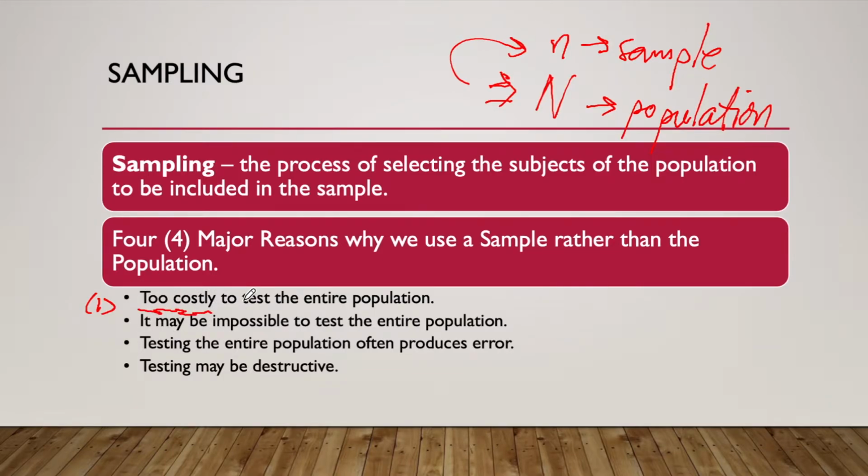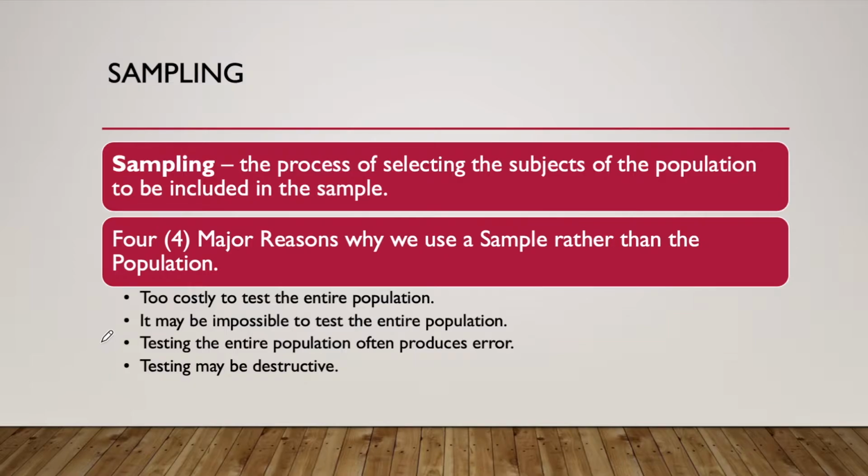Second, it may be impossible to test the entire population, especially when your population is the whole country or the whole city, wherein everyone must be included, even though it's impossible to get their data.